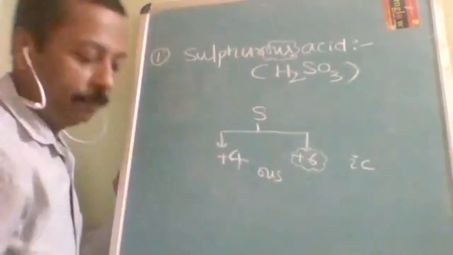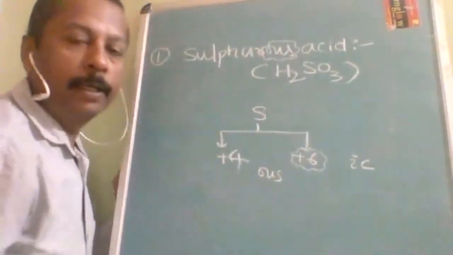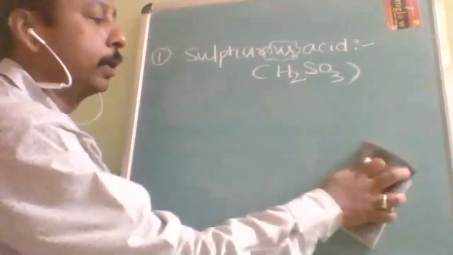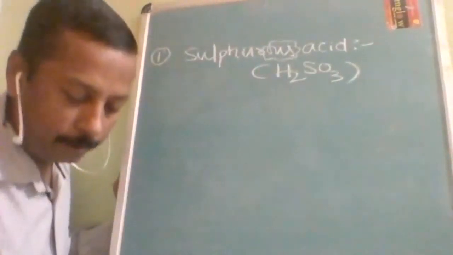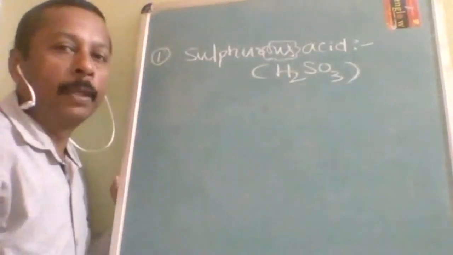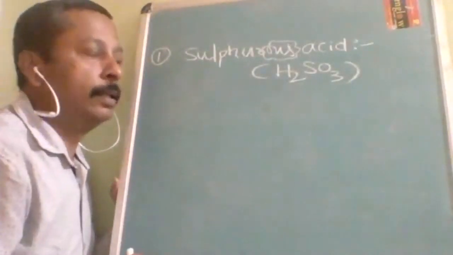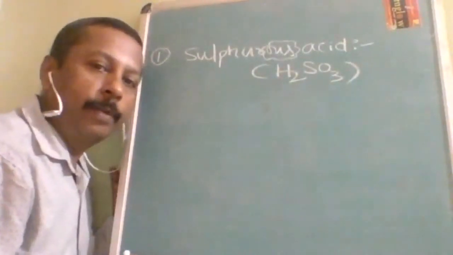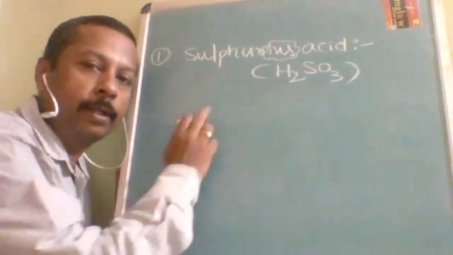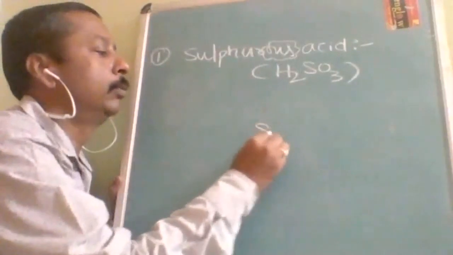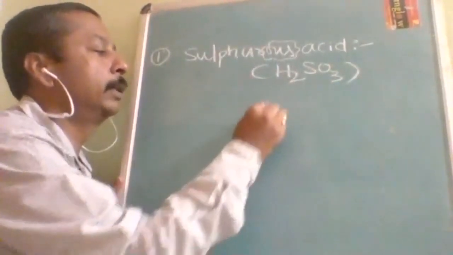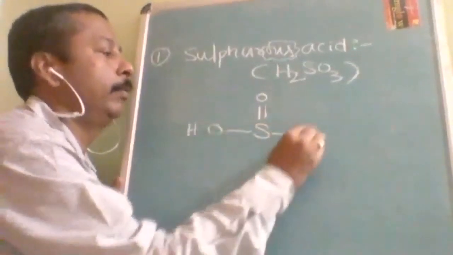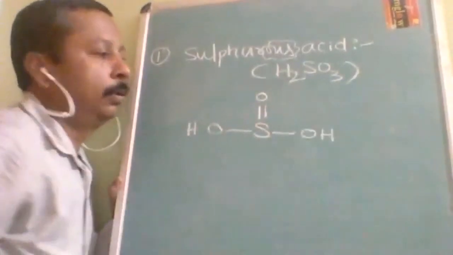So sulfurous acid, but this is only a method. Sometimes, due to structural differences, there may be a change in oxidation number also. Now, how do we determine if there is any difference from the name and structure? I will also tell you about the average oxidation number. Sulfur can form a maximum of 6 bonds and a minimum of 2 bonds.